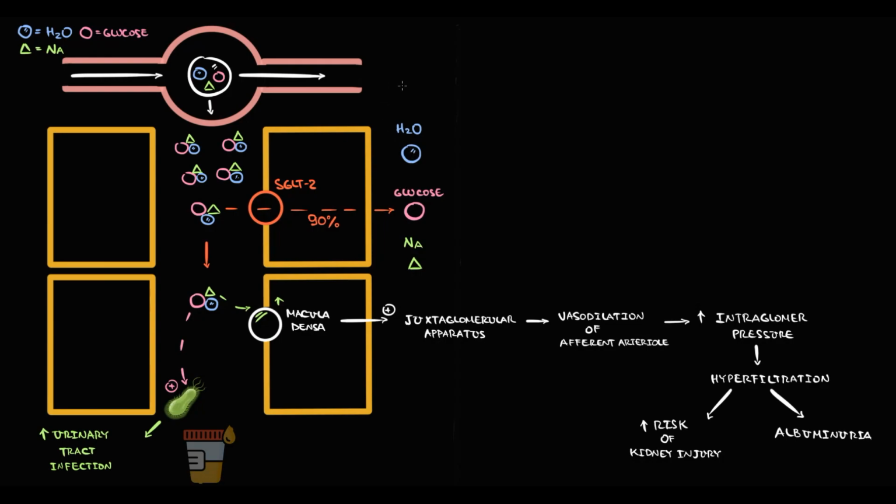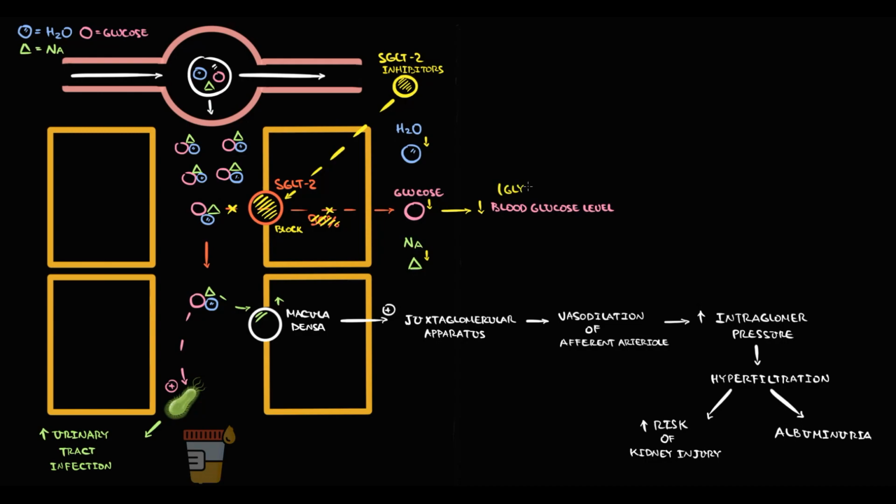When we prescribe SGLT2 inhibitors, they block the function of SGLT2 transporter. Without SGLT2 transporter, the reabsorption of glucose, sodium, and water decreases. With decrease in glucose reabsorption, the amount of glucose molecules in the blood decreases.